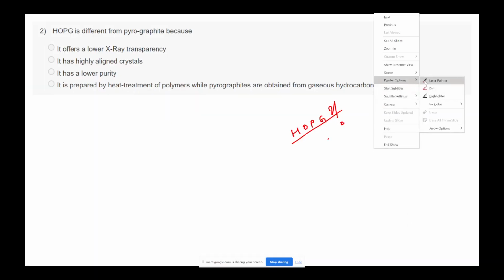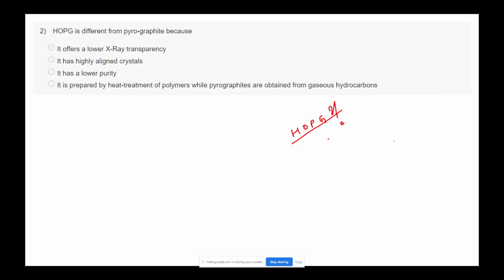I was asking what is HOPG? The question says HOPG is different from pyrographite because it offers a lower X-ray transparency, it has highly aligned crystals, it has a lower purity, it is prepared by heat treatment of polymers, while pyrographites are obtained from gaseous hydrocarbons. Okay, so can anybody guess which of these answers will be suitable as per the question? It is asking that HOPG is different from pyrographite because of what?